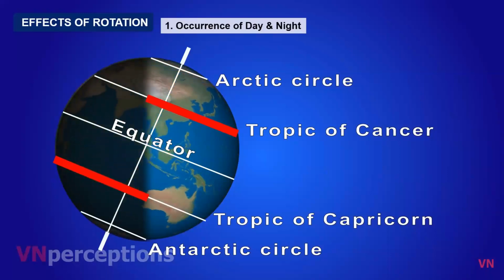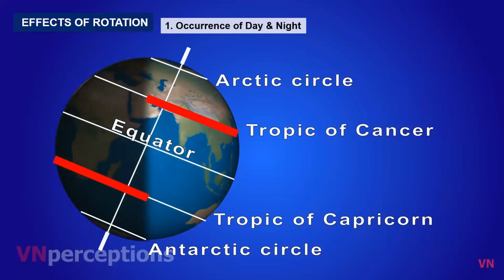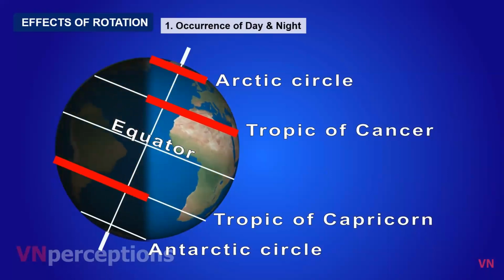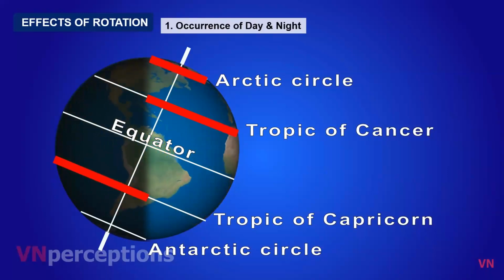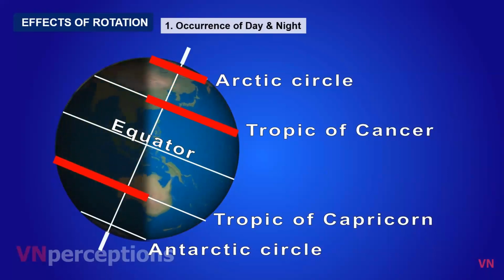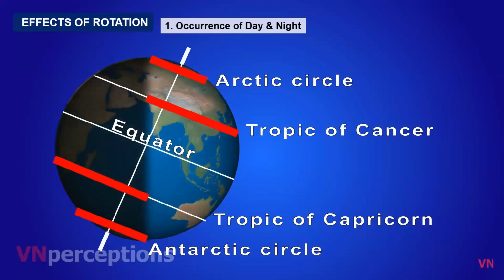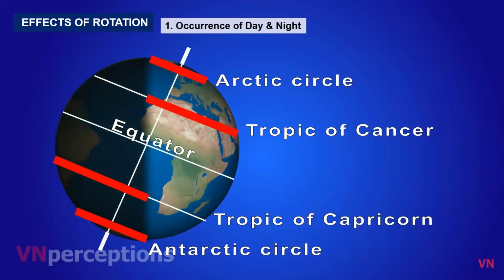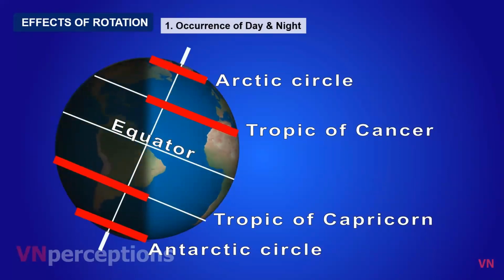But if you look at the Arctic Circle and Antarctic Circle, the Arctic Circle is completely in day. So when the Earth is rotating, the entire region beyond the Arctic Circle will have day. There the Sun will not set. Whereas in the southern hemisphere, beyond the Antarctic Circle, you will see it is completely dark, and here the Sun will not rise.